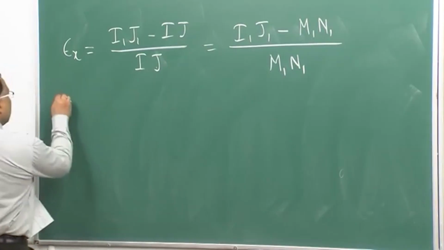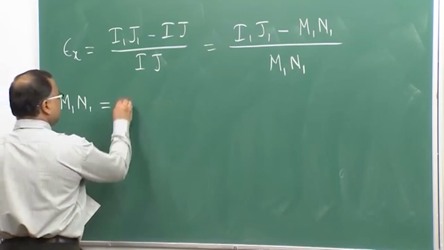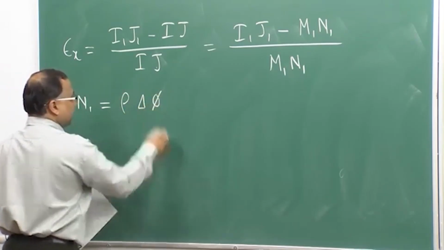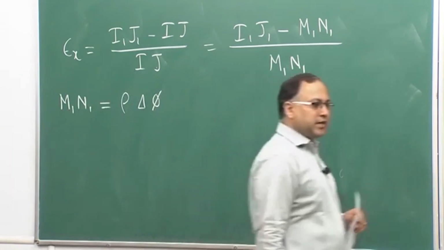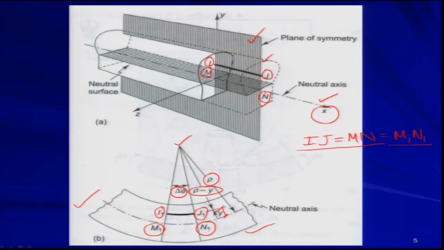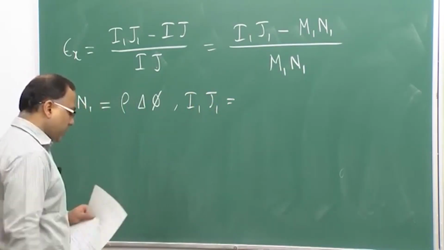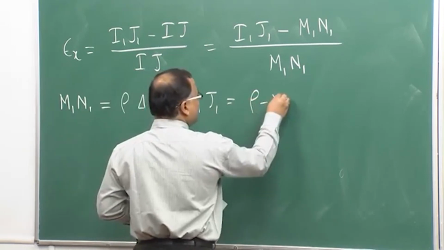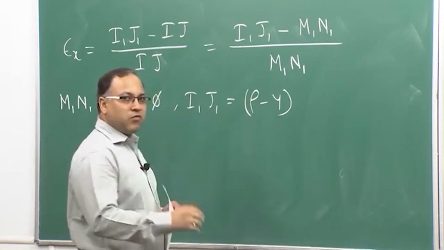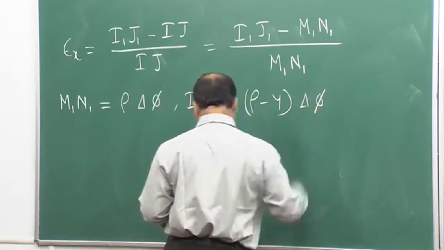So, now if you look at the figure, M1 N1 is nothing but rho into delta phi. So, rho is the radius of the curvature and delta phi is the angle made at the center. Okay. So, I can write that, and for your I1 J1, with a similar argument we can write rho minus y, that is the radius of curvature for that fiber, okay, multiplied by delta phi.